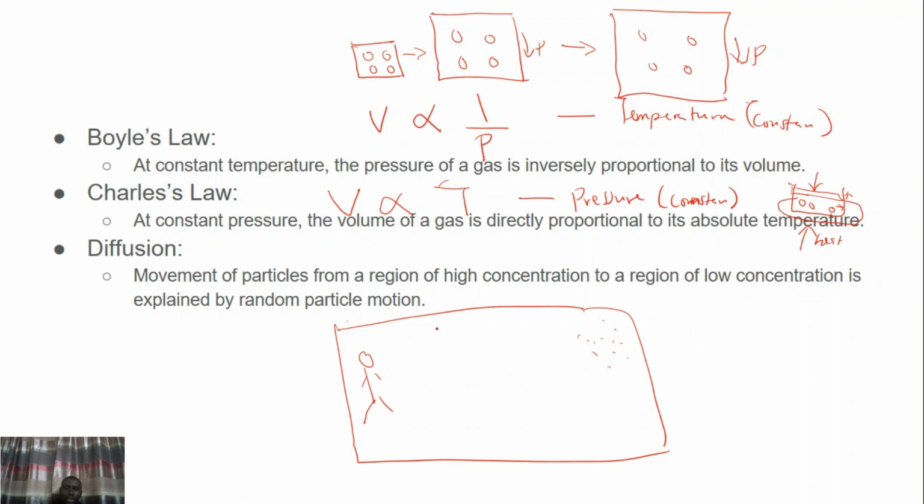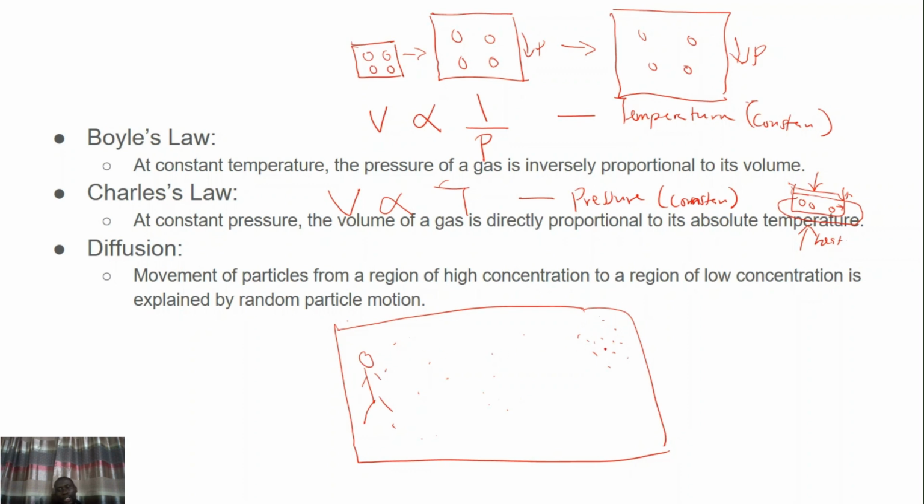The way it happens is that, like we said earlier, the kinetic theory of matter states that every matter is composed of molecules and they are in constant motion. So, the motion of the molecules of the gases from one corner of the room to the other will make it spread to the other corner of the room, moving from a region of higher concentration to a region of lower concentration.